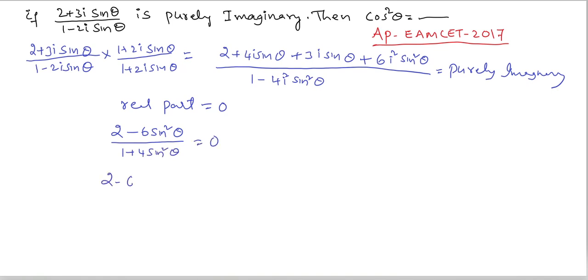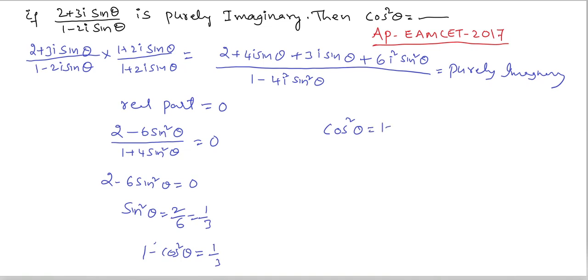From this, 2 minus 6 sin square theta is equal to 0. Sin square theta is equal to 2 by 6 equal to 1 by 3. Therefore, we know that sin square theta is 1 minus cos square theta, equal to 1 by 3. So cos square theta is equal to 1 minus 1 by 3, that is equal to 2 by 3. The value of cos square theta is 2 by 3.